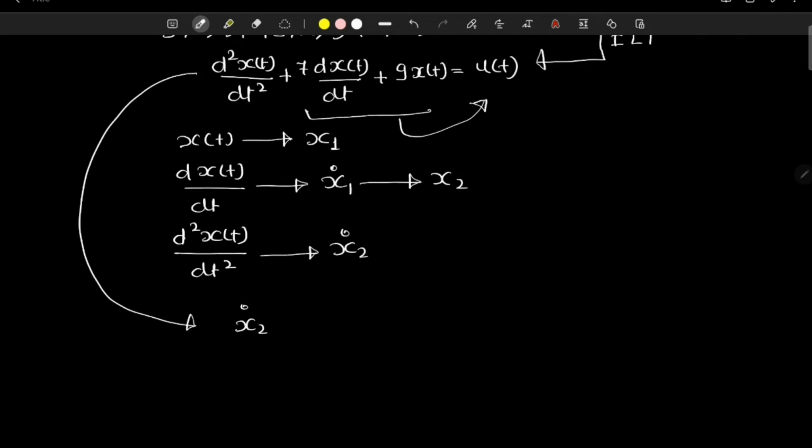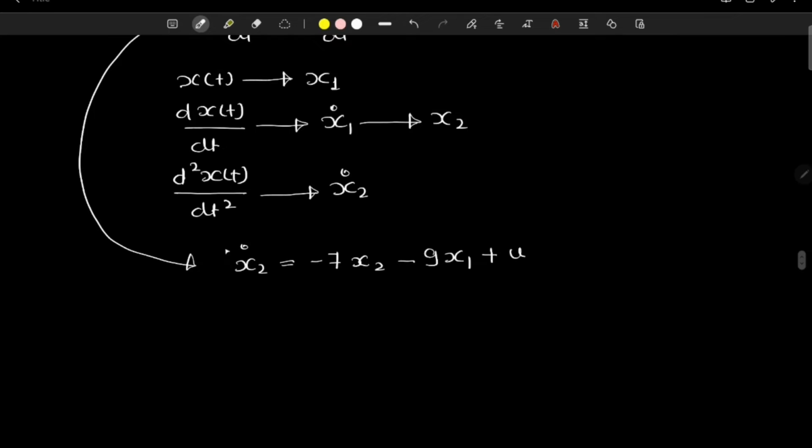So this will be equal to u of t minus 7 times the differentiation of x of t, that is x2, minus 9 times x of t, that is x1, plus u. Now this is our first equation.